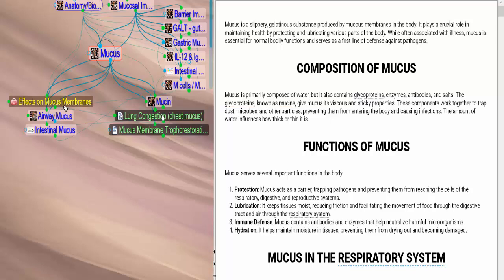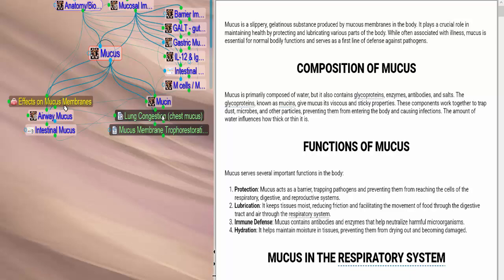As far as its functions go, well, we've already said protection. It acts as a barrier trapping pathogens, preventing them from reaching the cells. Lubrication. It keeps tissues moist, reducing friction and facilitating the movement of food through the digestive tract and air through the respiratory system.